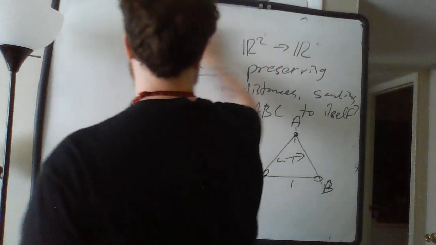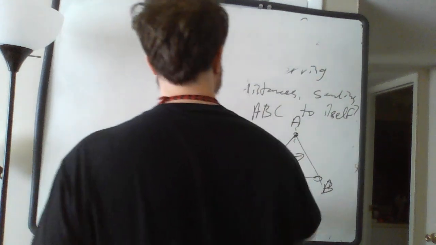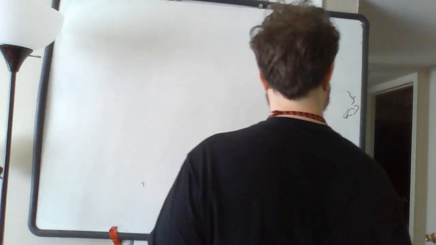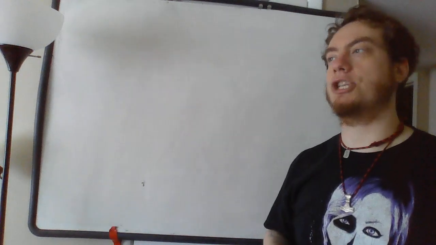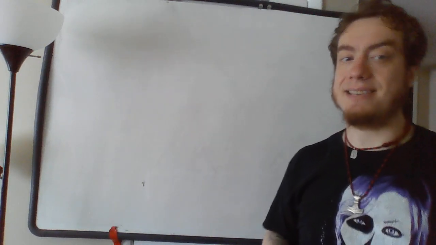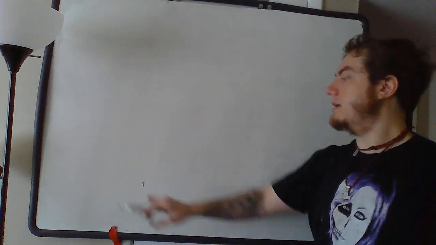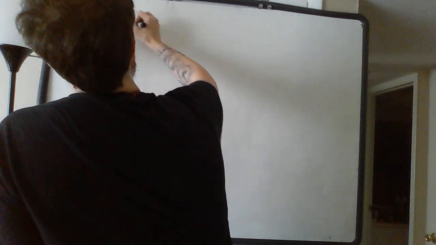In fact, every single group arises as a subgroup, in other words, a subset of a group that is itself a group, so closed under the binary operation. It arises as a subgroup of some symmetric group. So this is a theorem.